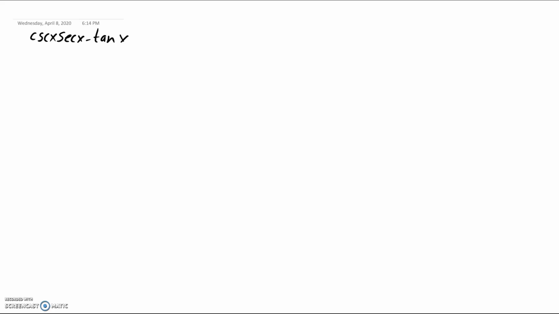Always remember, whenever you have an expression in the form of cosecant, secant or tan x, you have to change into sine and cos form. Now look at this one, cosecant x and secant x. We know the identity that cosecant x is equal to 1 over sine x and secant x is equal to 1 over cos x.